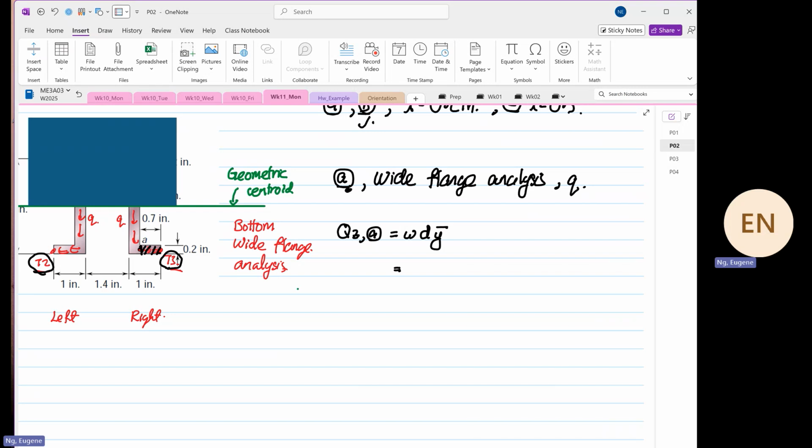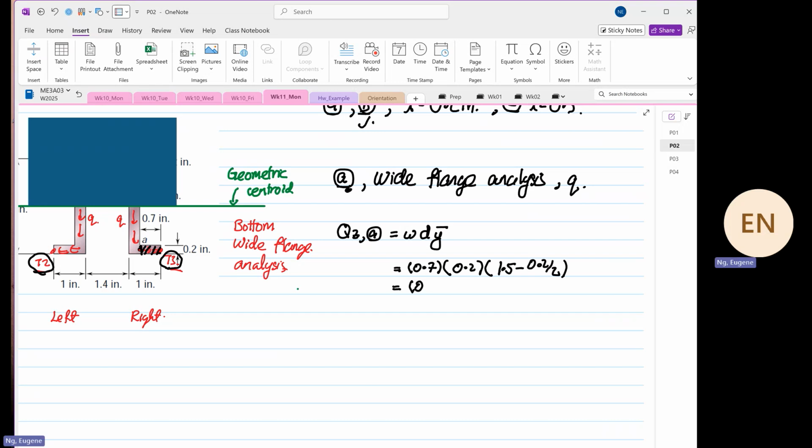We found the width to be equal to 0.7, the depth 0.2, the y bar is 1.5 minus 0.2 divided by 2.